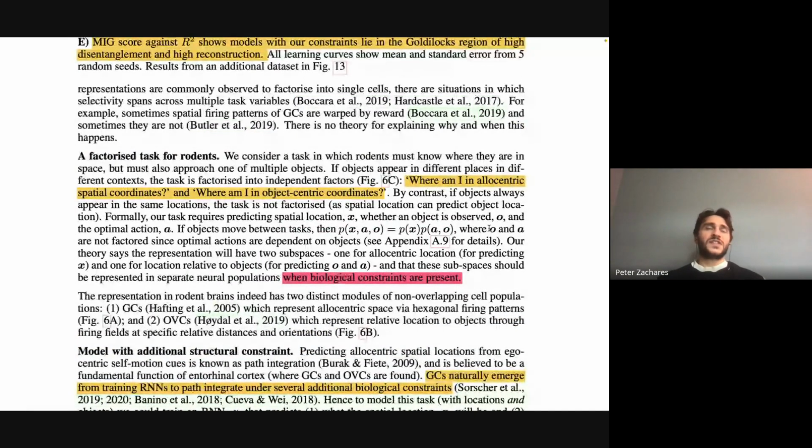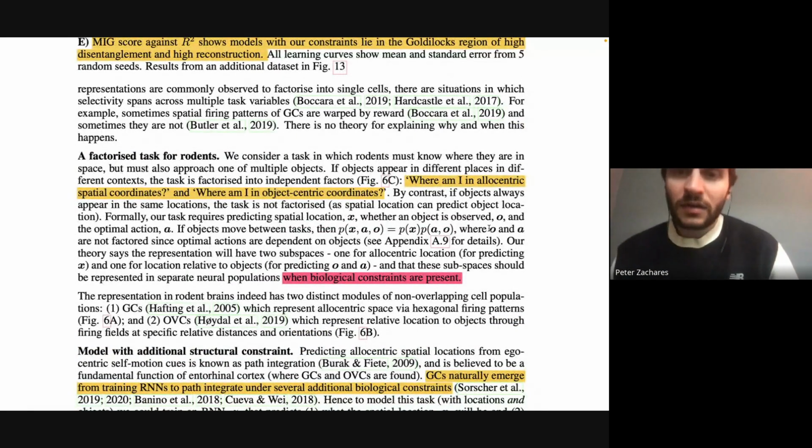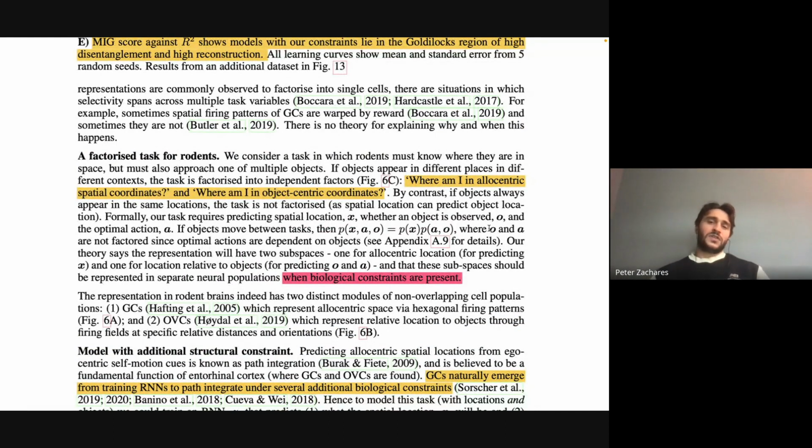I'll give you the setting, which is that one thing they've noticed in the brain is that for specific tasks, the brain develops specific types of cells. And the 2 cells that they are focused on here are one called a grid cell, which is GC, and one called an object vector cell, which is OVC, as you see here.